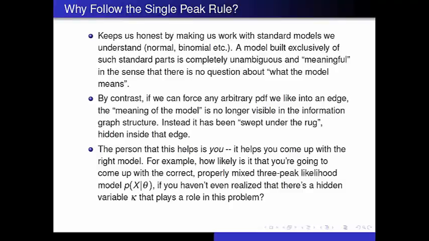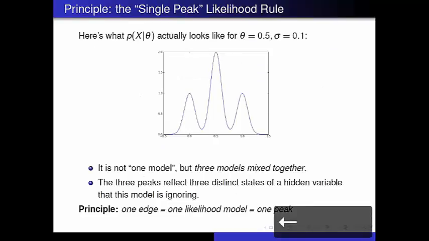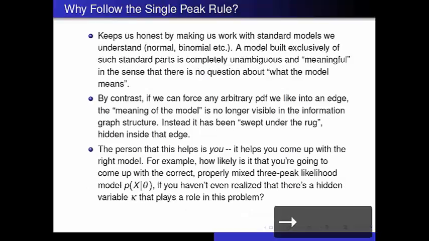Just to be very concrete about this, how likely are you to figure out this correct, properly mixed likelihood if you haven't even realized that there's a hidden variable, kappa, that plays a role in producing this likelihood?